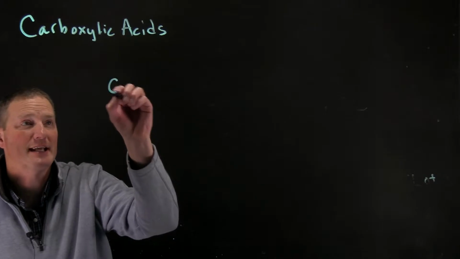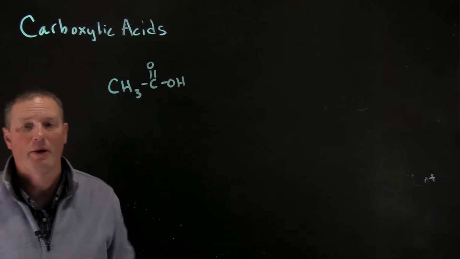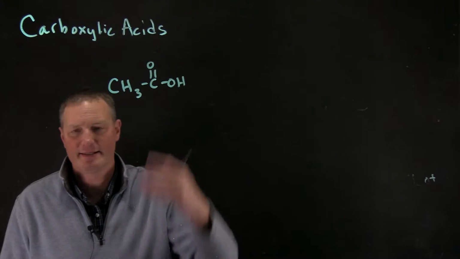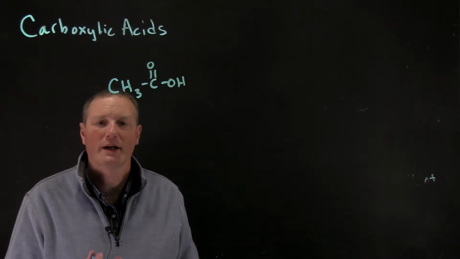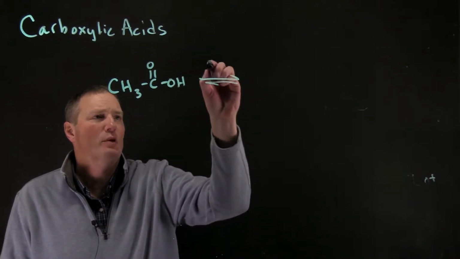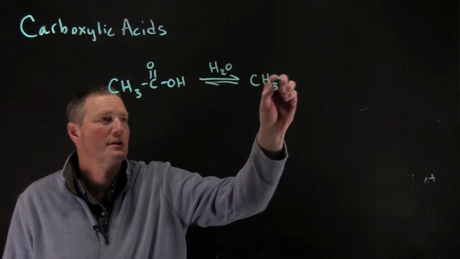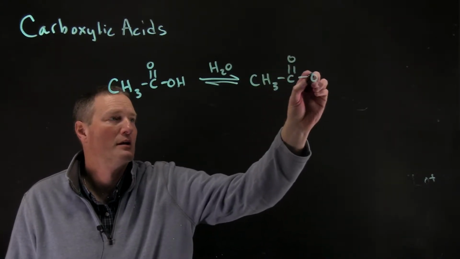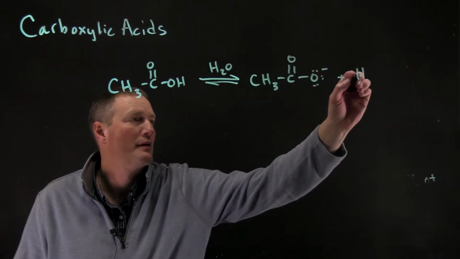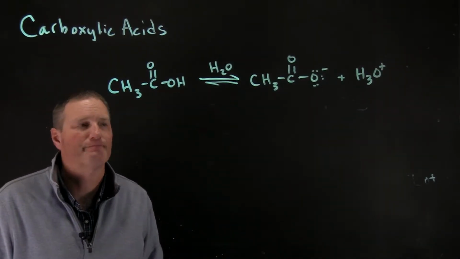So let's again use acetic acid as our example. And we're going to start to discuss a way to evaluate the strength of an acid. We're going to look at what's called the Ka value. So if I put this into water, we know that the carboxylate can be formed through this equilibrium reaction.